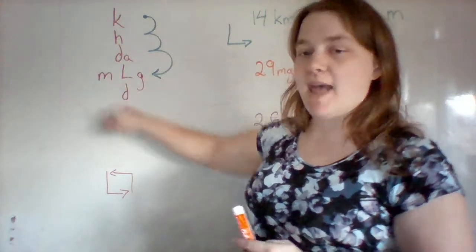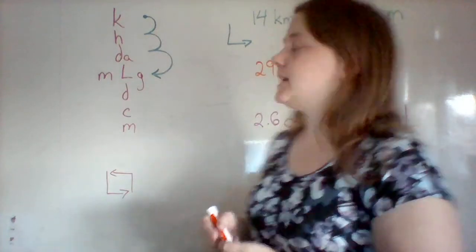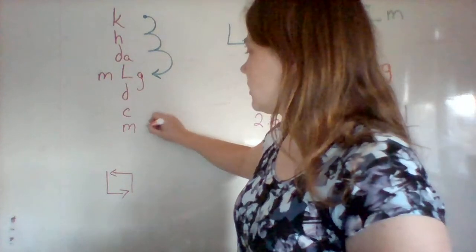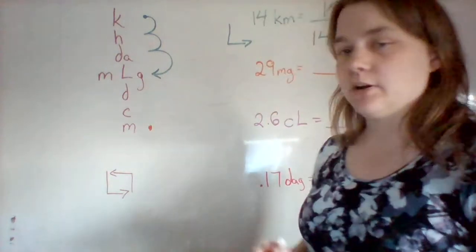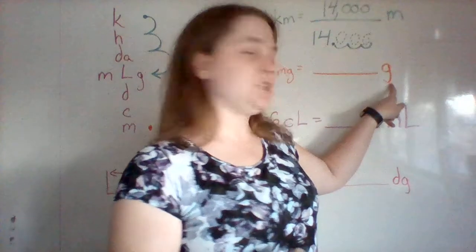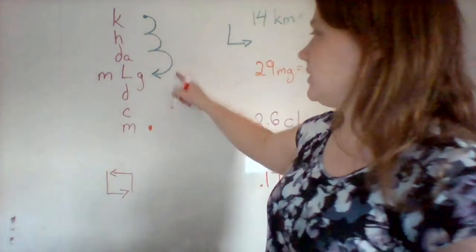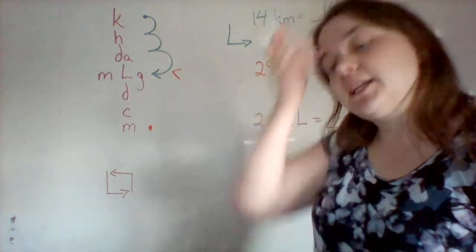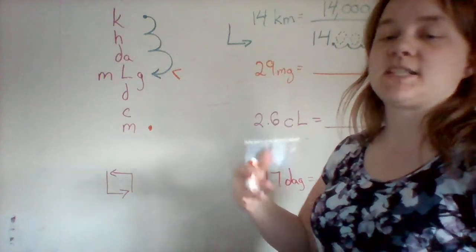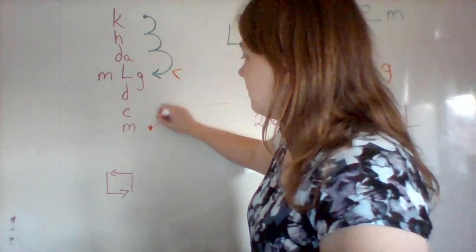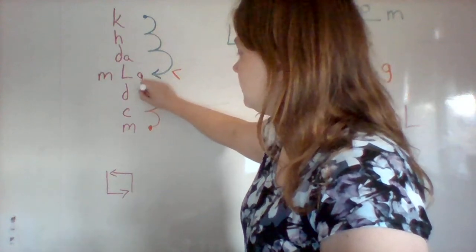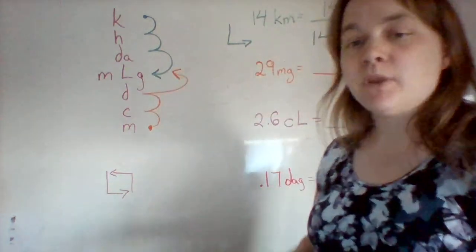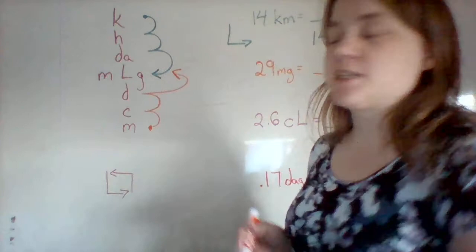If you see MM, you're still starting down here. So I'm going to start down here, and I need to get to grams, which is again on this level. So now I need to count how many steps will it take me to get there. 1, 2, 3. So I went upwards 3.